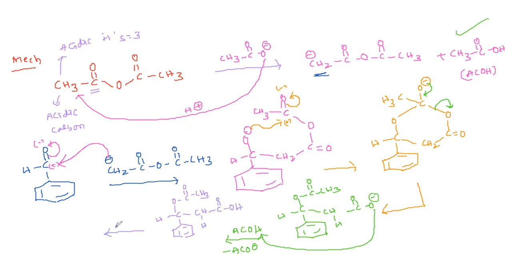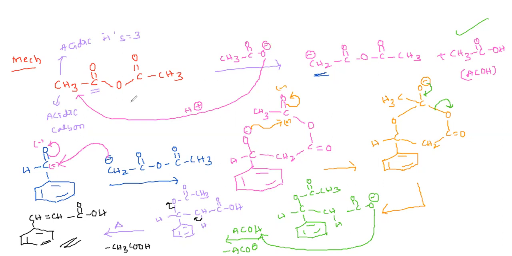Then on heating, it loses acetic acid, because oxygen is more electronegative. With loss of acetic acid it forms cinnamic acid, CH=CH, C=OH. This is an alpha, beta unsaturated carboxylic acid, that is, cinnamic acid.